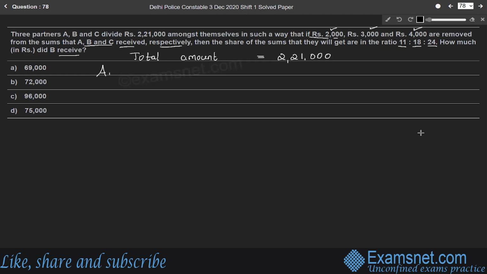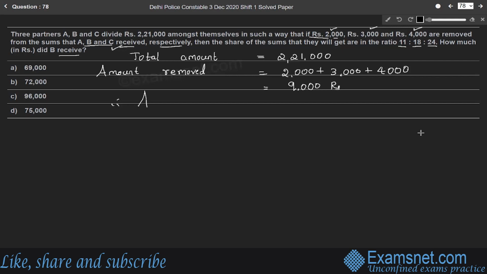So amount removed is equal to 2,000 plus 3,000 plus 4,000, from the sums of A, B and C respectively, which is 9,000. 9,000 rupees is the amount removed.